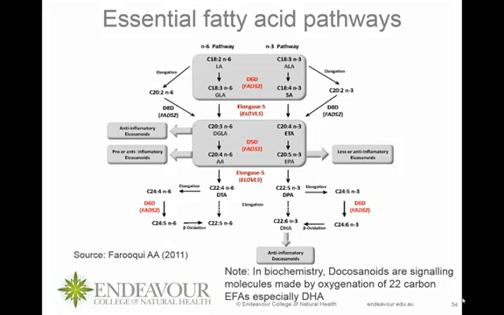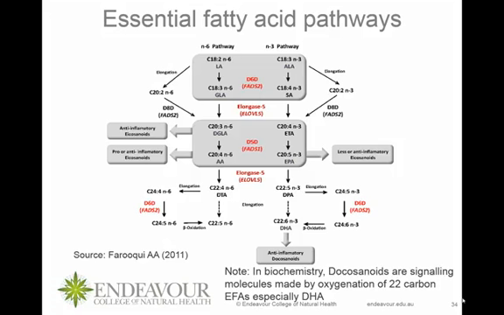Then you follow that down to GLA, and then GLA becomes DGLA, and DGLA produces anti-inflammatory eicosanoids. Anti-inflammatory eicosanoids reduce the risk of asthma, have a positive effect on platelets, and reduce the risk of cardiovascular disease.